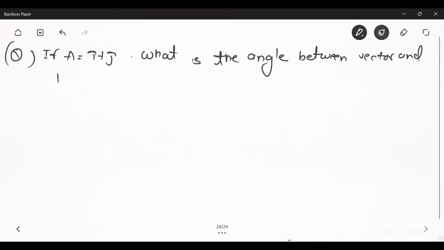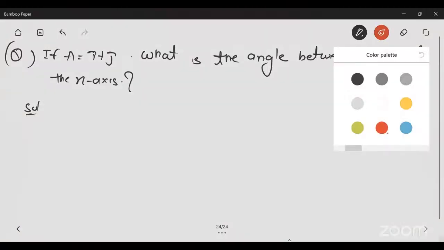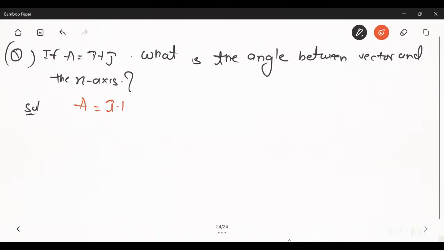Now see, what is given? A equals I cap plus J cap.